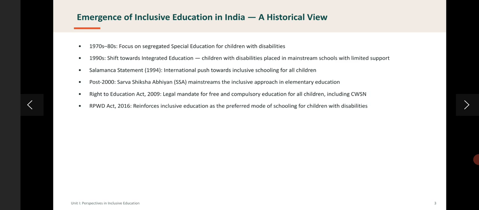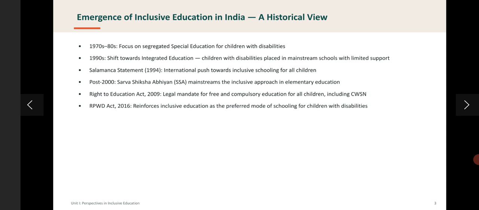In between, there was a scheme and a project for them, launched by various bodies like NCERT, the Government of India and UNICEF. Later this shifted to mainstream schools, and then the push started at the international level in 1994.